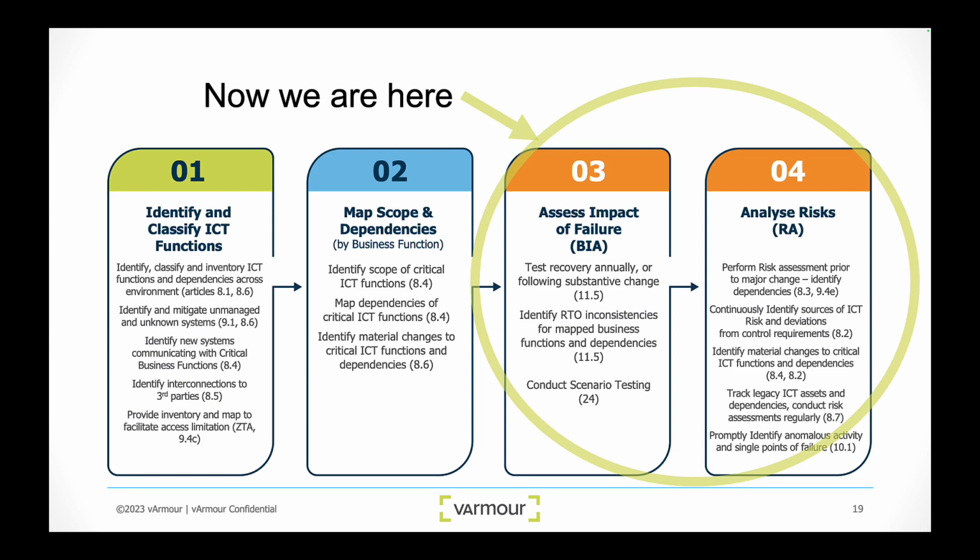Today, we're going to use the information that has been collected to execute, streamline, and automate the business impact analysis process and the continuous risk assessments that were required by DORA Article 8.2. The approach we've taken is to place the necessary, precise, and contextual information in the hands of the operational and risk teams to conduct their assessments and analyses, and to proactively notify them where impact and risk tolerances are violated.